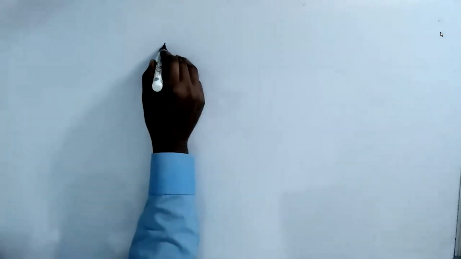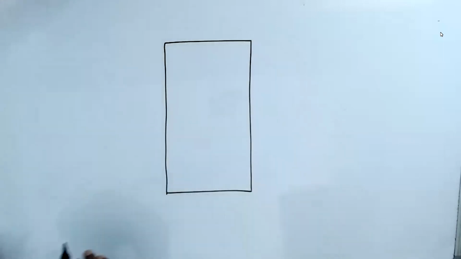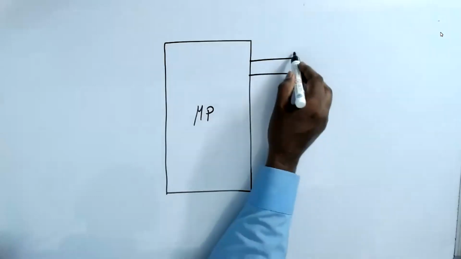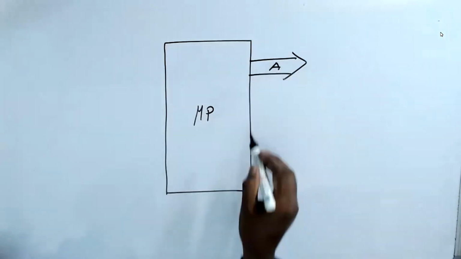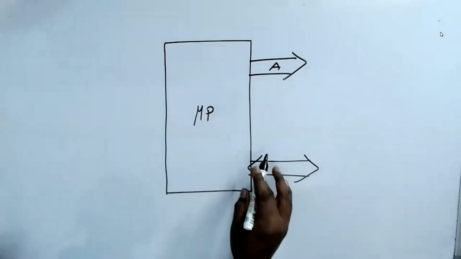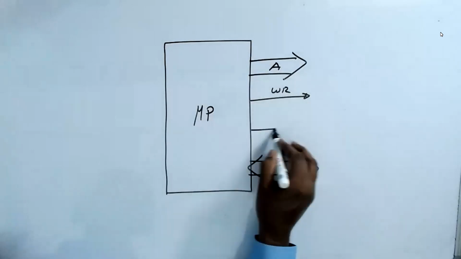So what is an interrupt controller? That is quite simple. We have discussed so many times a microprocessor. The microprocessor has address lines and data lines and write, read. This is a control line.